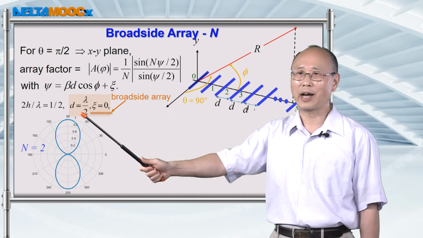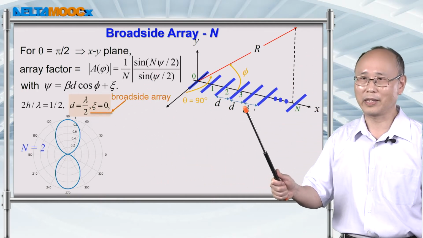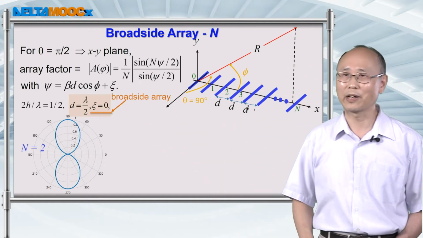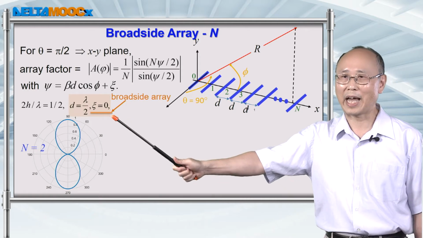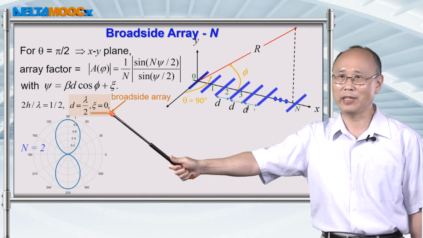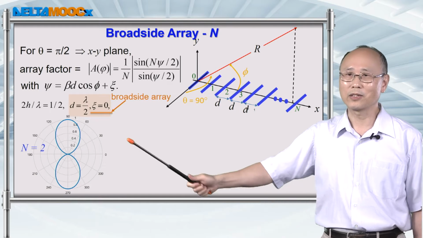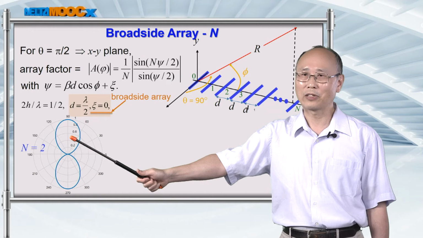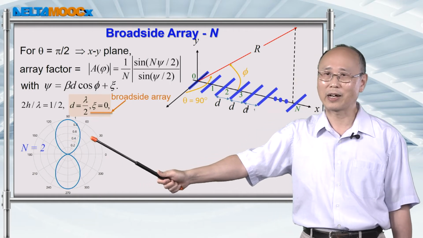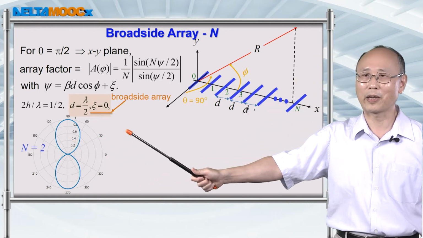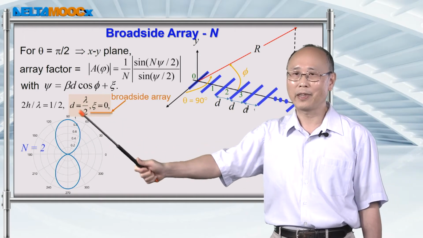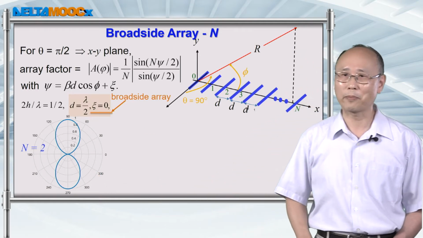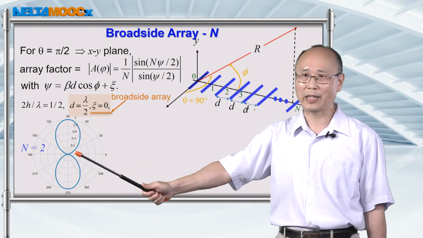Suppose now I design an antenna array to radiate as a broadside array. Then from the last page, I want to set this c equal to 0. If I plot the pattern function as the f of theta phi multiplied with the array factor, then for n equal to 2 on the xy plane, I have such an antenna pattern.